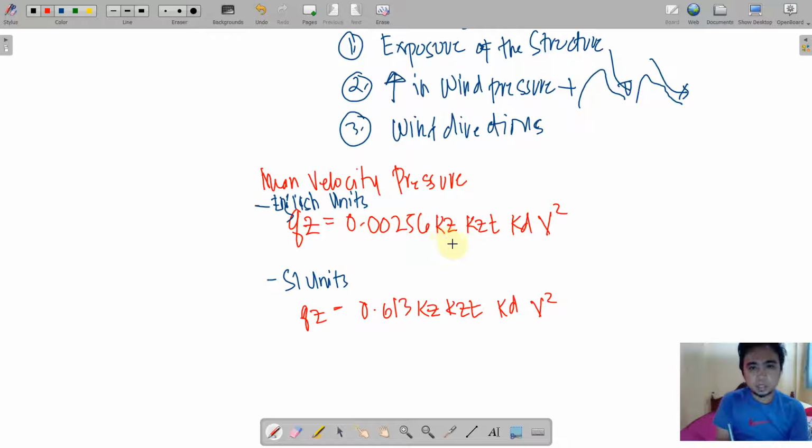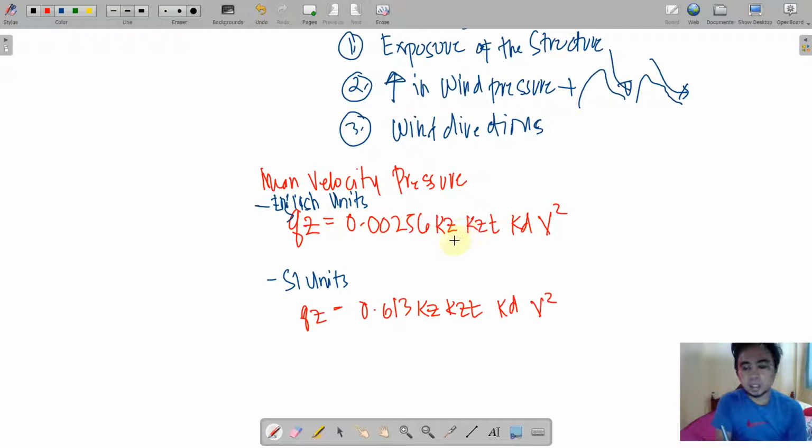So let's take these one by one. What is kz here? So kz is based on the exposure of the structure. There are certain factors present in the table. The factor of kz varies, especially if the height is increasing.